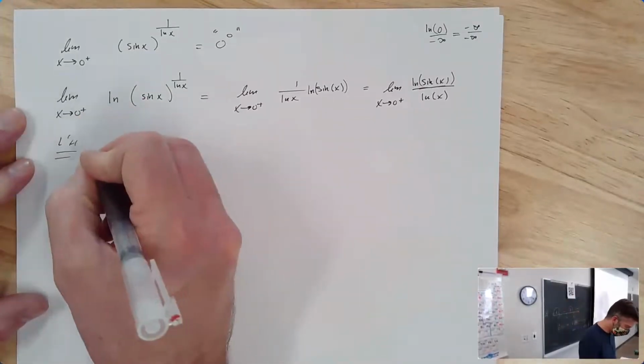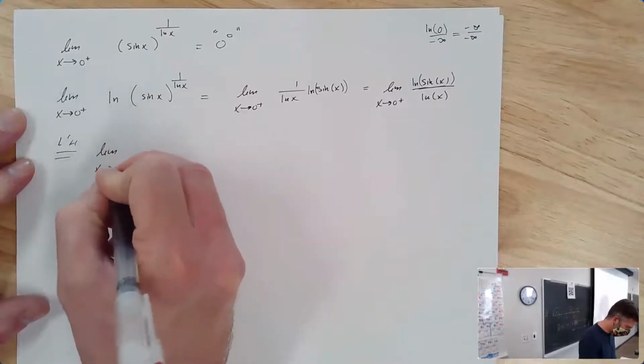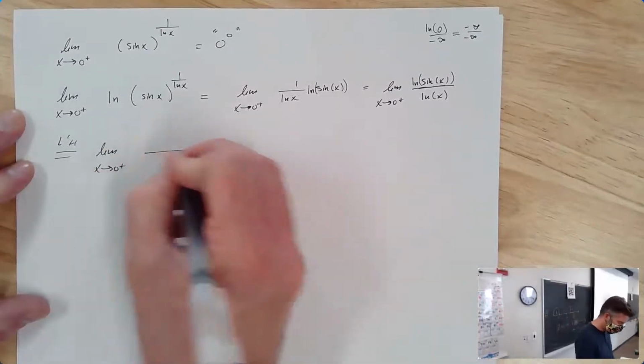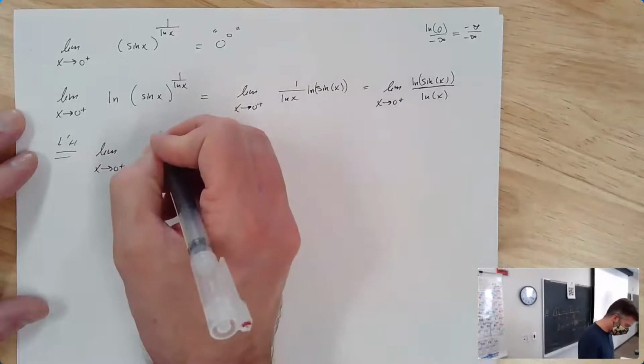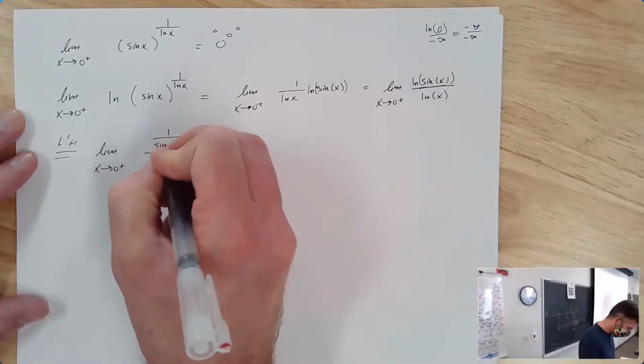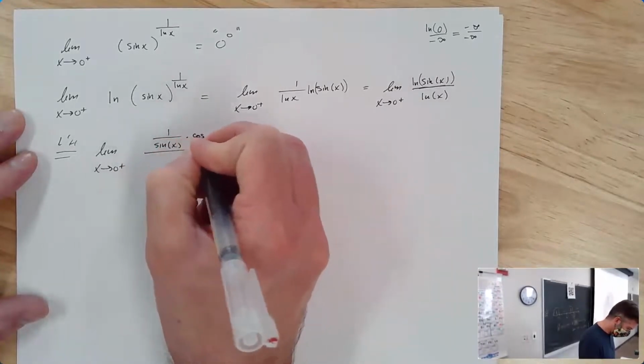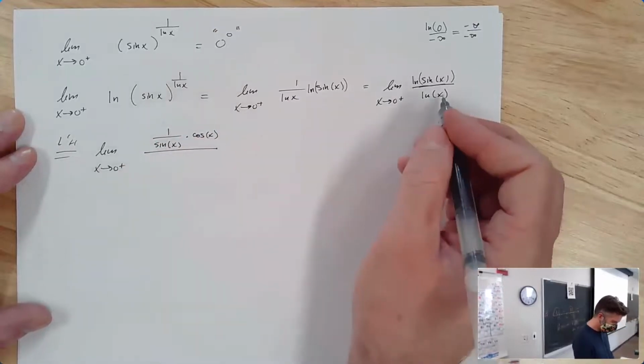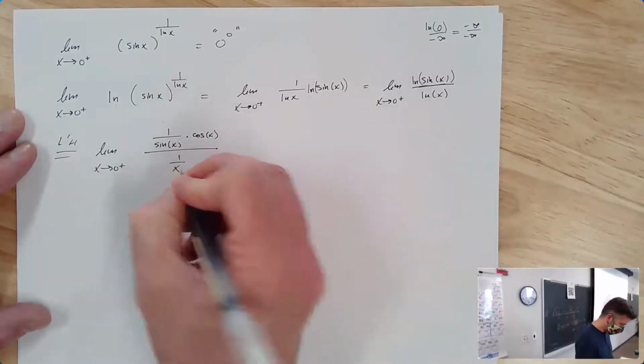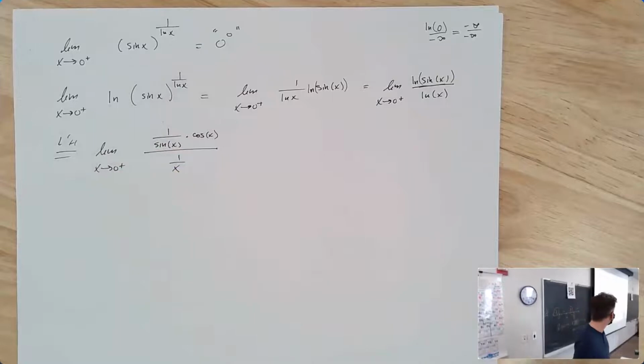Now we're going to use it. We're going to get the limit as x goes to 0 from the right. The derivative of natural log of sine of x is 1 over sine of x times cosine of x. The derivative of natural log of x is 1 over x. And there's a couple ways you can tackle this one.